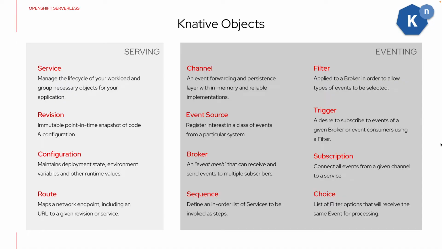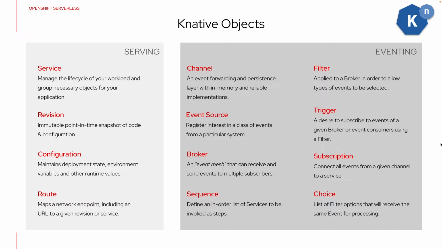Knative Eventing is a collection of APIs that enable you to use event-driven architecture with your applications. You see here in the slide on the right side different APIs. We have things like a channel, filter, event sources, subscription, brokers, and so on. You can use these APIs to create components that route events from event producers to event consumers, known as sinks.